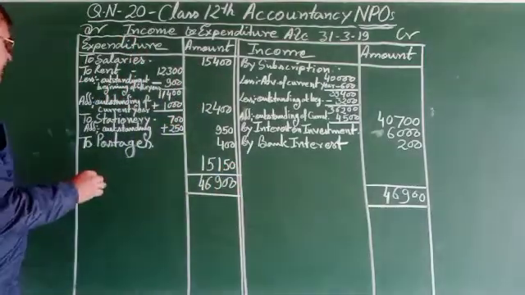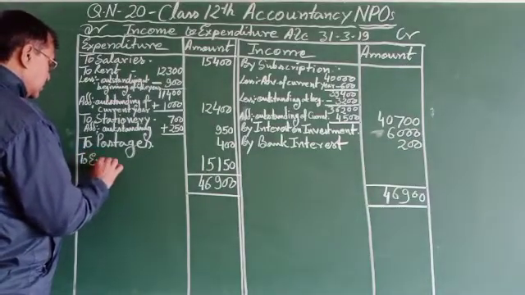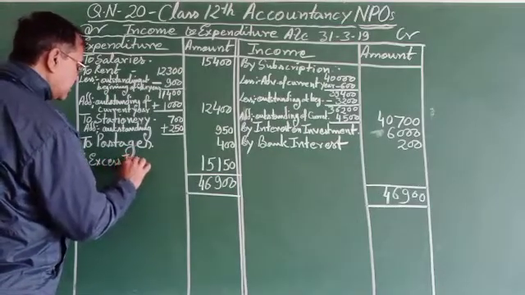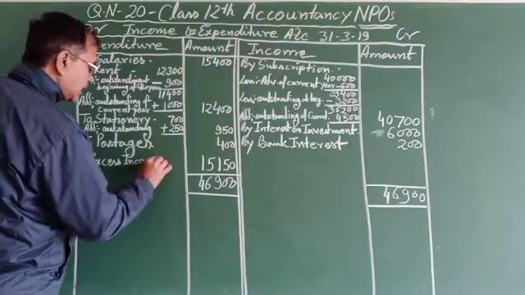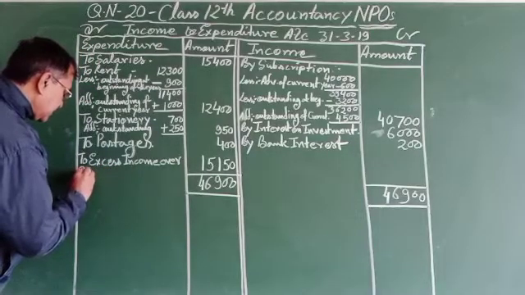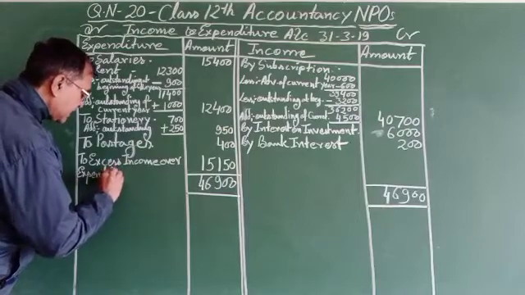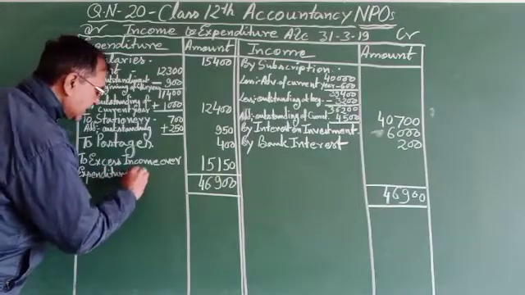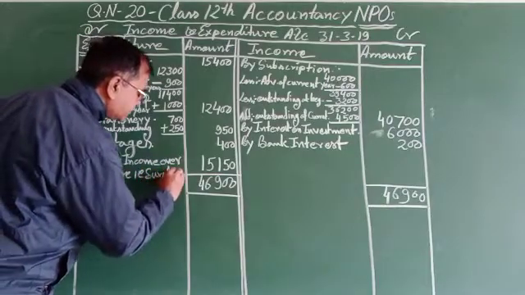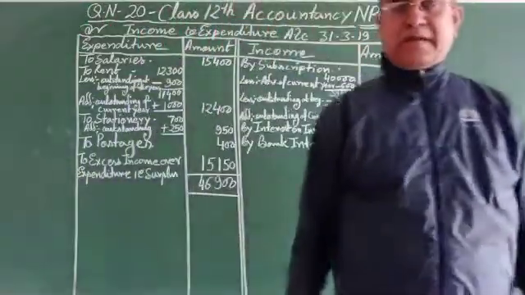We can write this way: excess income over expenditure, that is surplus.